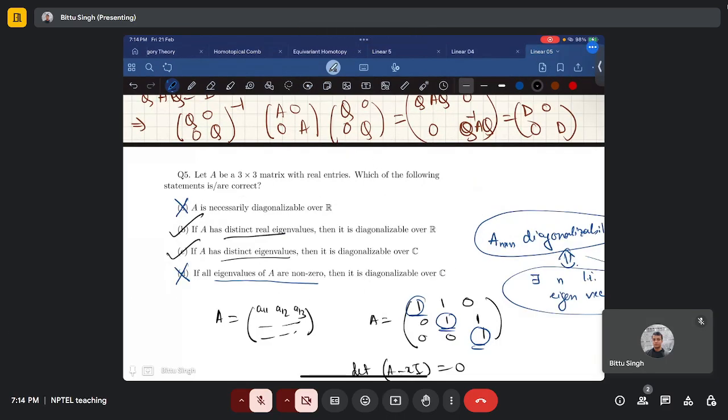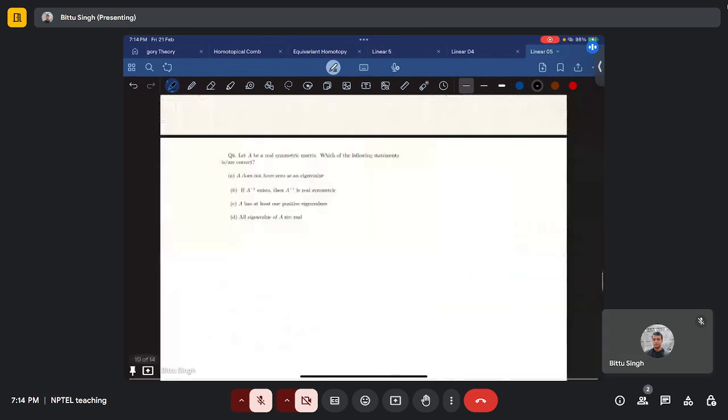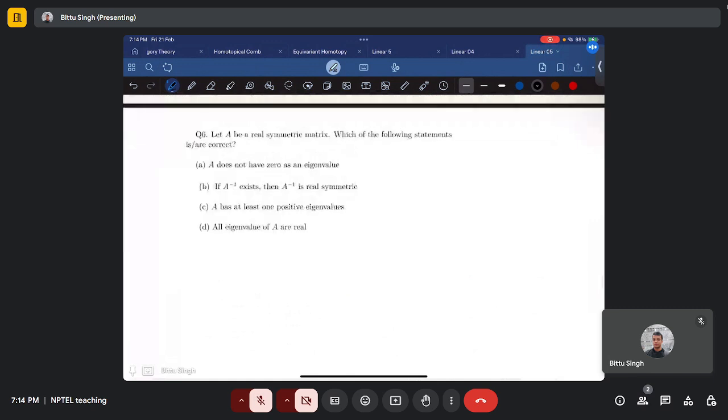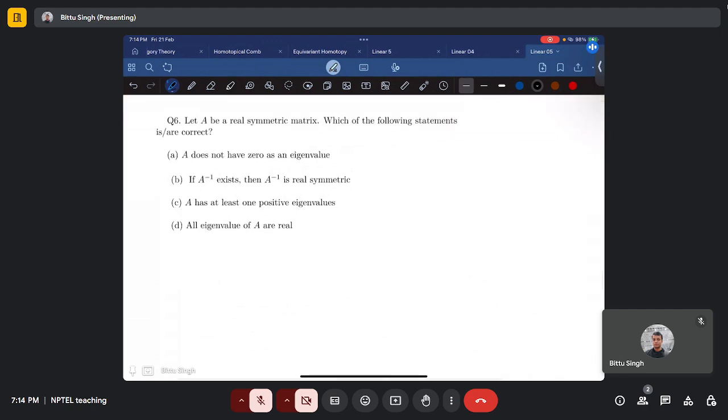Okay, let us solve question number 6. It is given that A is a real symmetric matrix. Then we need to see if those are correct or not. First option is A does not have 0 as an eigenvalue.